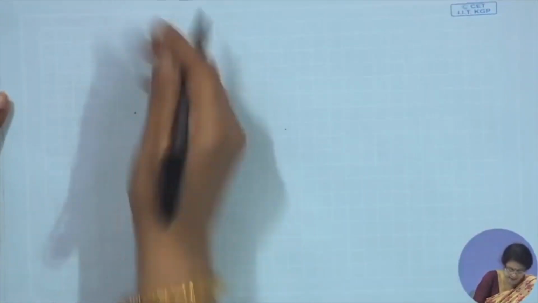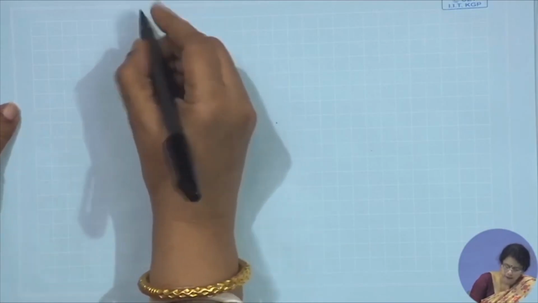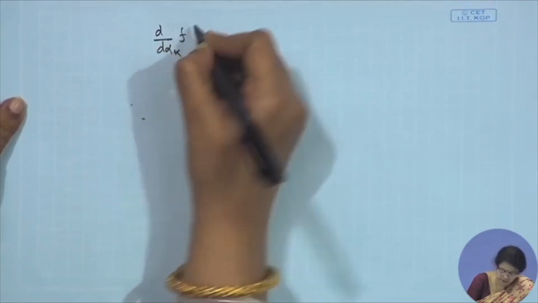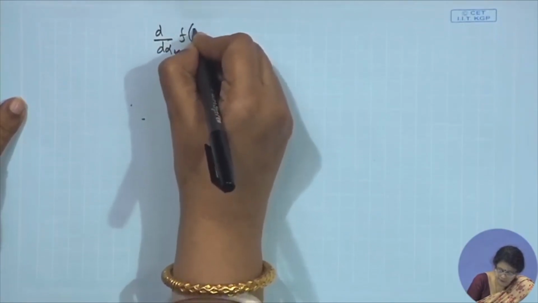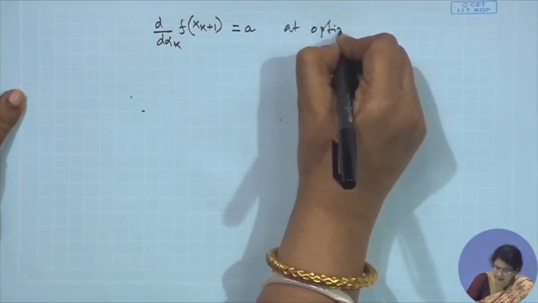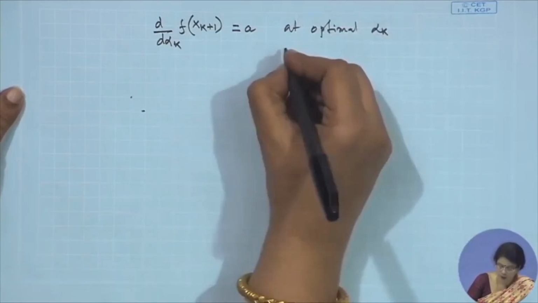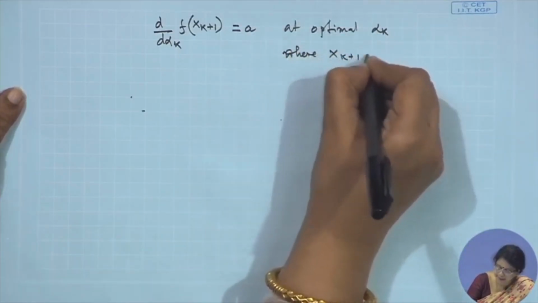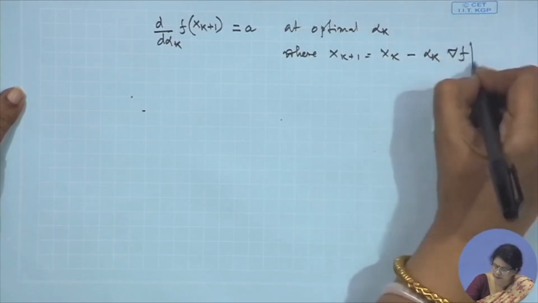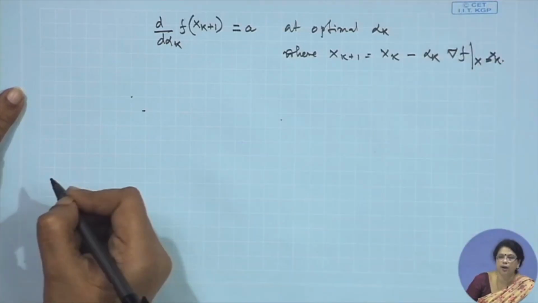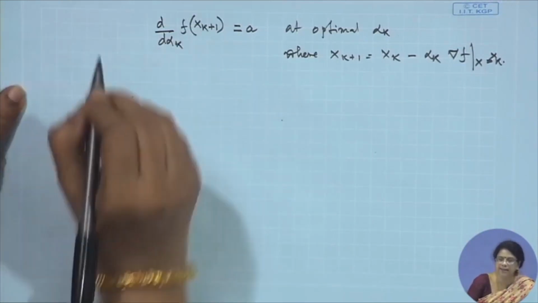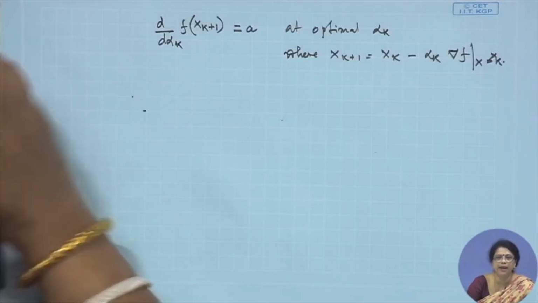What we know is that d/d alpha_k of f(x_{k+1}) is equal to 0 at the optimal alpha_k, where x_{k+1} is equal to x_k minus alpha_k grad of f(x) at x equal to x_k. Now, x is a vector, so there are several components for x; we can have n components there.